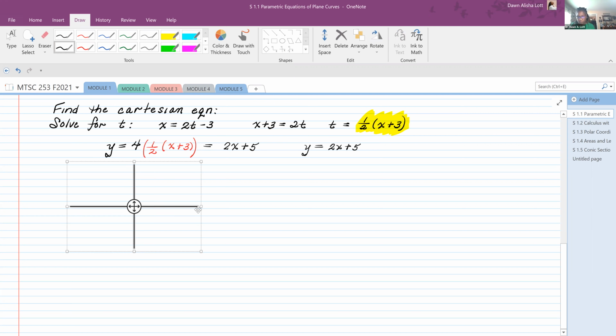The reason it's easy to graph is because when x is equal to 0, that simply means that y is equal to 5. And when y is equal to 0, I get x is equal to minus 5/2.